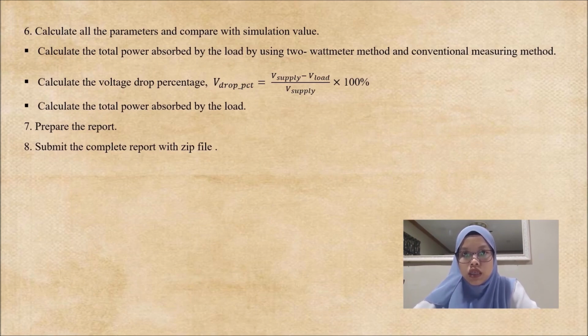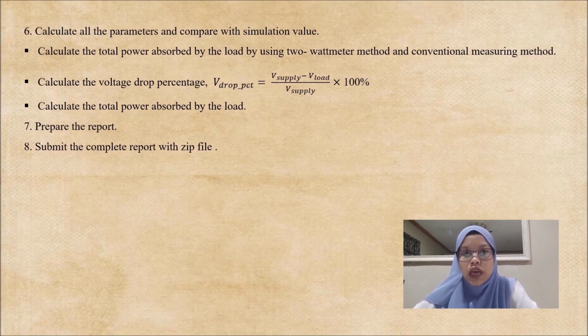After running the simulation, I do the calculation for all parameters to compare the values obtained from the simulation with my calculation. I made the discussion to evaluate and analyze all the parameters obtained.